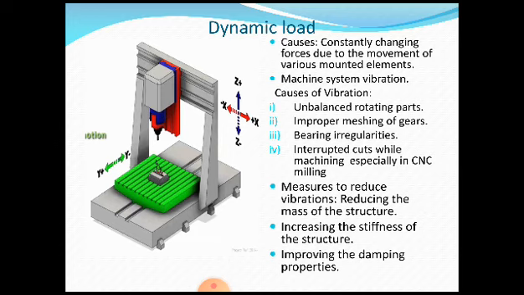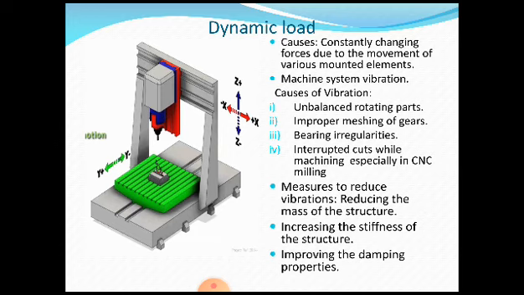For example, different tools will come with the indexed turret head, where the speed will change, and the cutting force is different for different tools. The second aspect is the movement of the slides on the slideways, and even the motors run at different speeds.